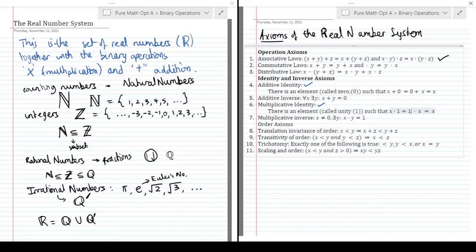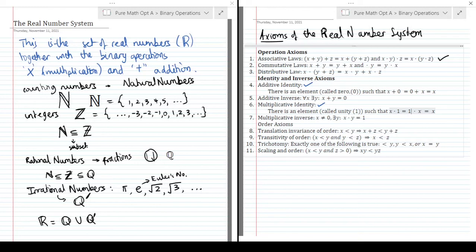Anyway, moving on to inverse. The inverse is a concept that is specific to an operation. You could only talk about an inverse after you have spoken about an identity for a particular operation. So an identity is an operation-specific element. As I mentioned already, the additive identity is 0.